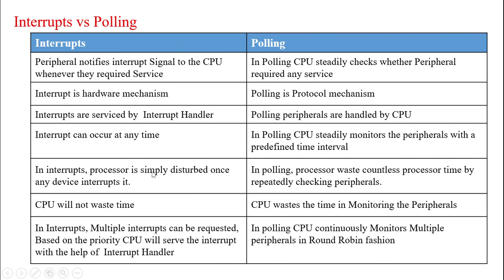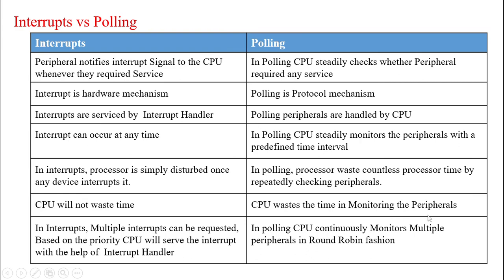So it's a disturbance for the processor in case of interrupt, but in case of polling, your processor is going to check continuously. In case of interrupt, the CPU will not waste any time because the CPU will be working with the main program. And in case of polling, most of the time will be wasted in monitoring the device.